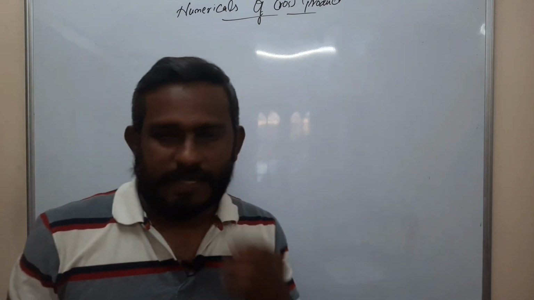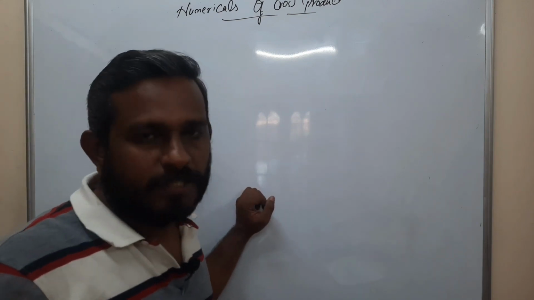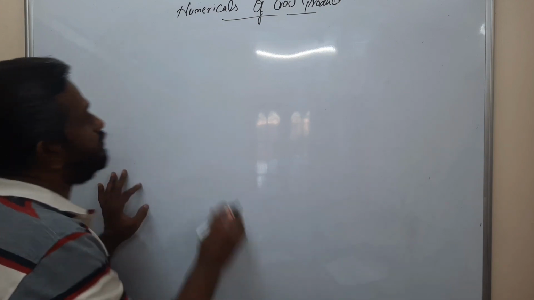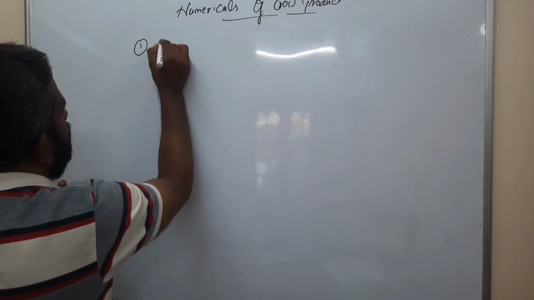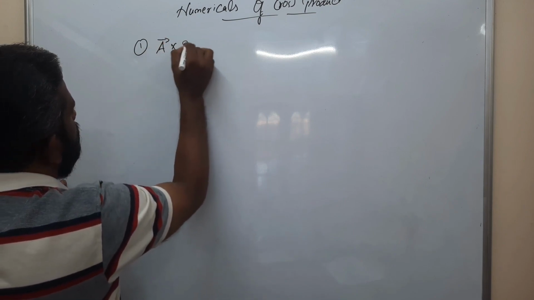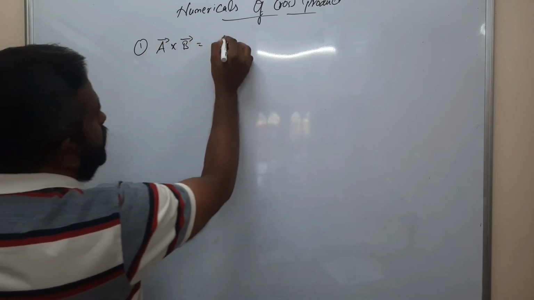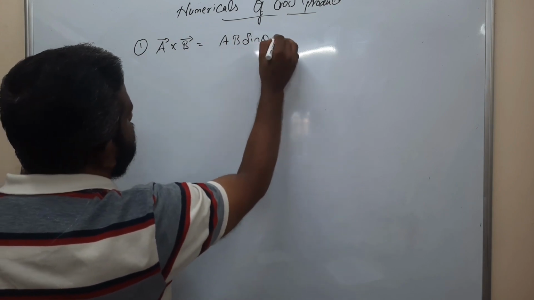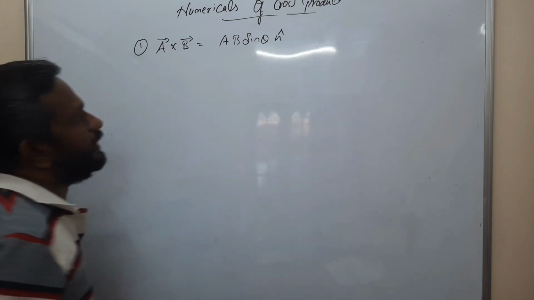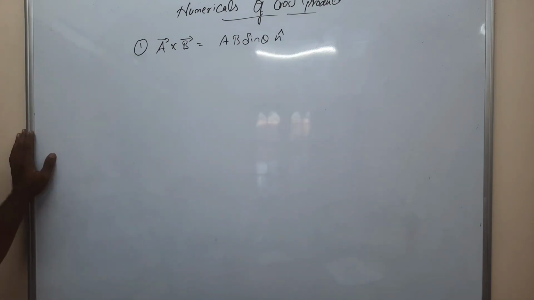So first we can recollect the formulas we have studied for the cross product. Number one: A vector cross B vector is equal to AB sin theta into n cap.